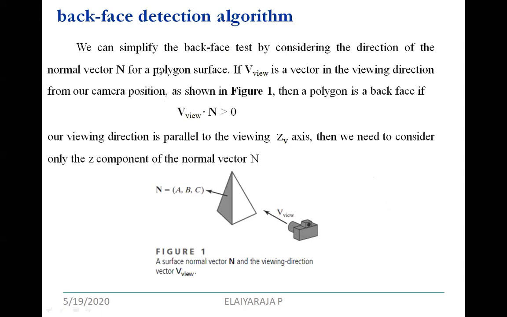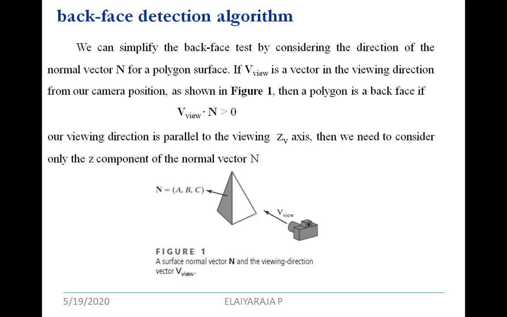Listen carefully: if this normal vector is pointing in the direction of the center of projection from the viewer point, then it is a front face, which means it can be viewed by the viewer. Else, if the normal vector is pointing away from the center of projection, then it is a back face, which cannot be viewed by the viewer.